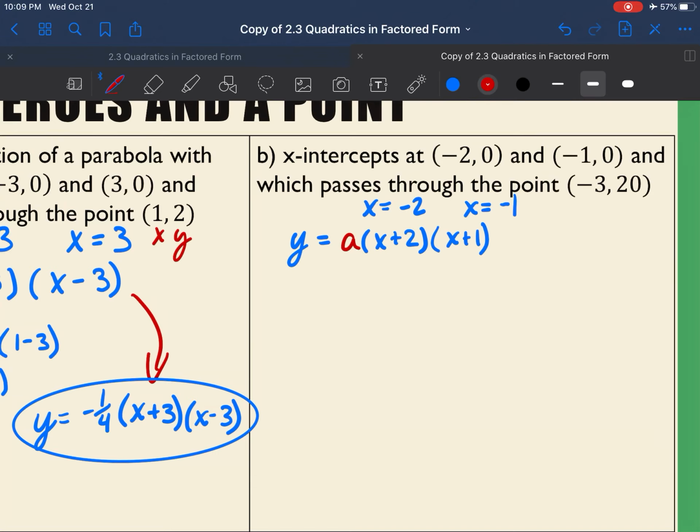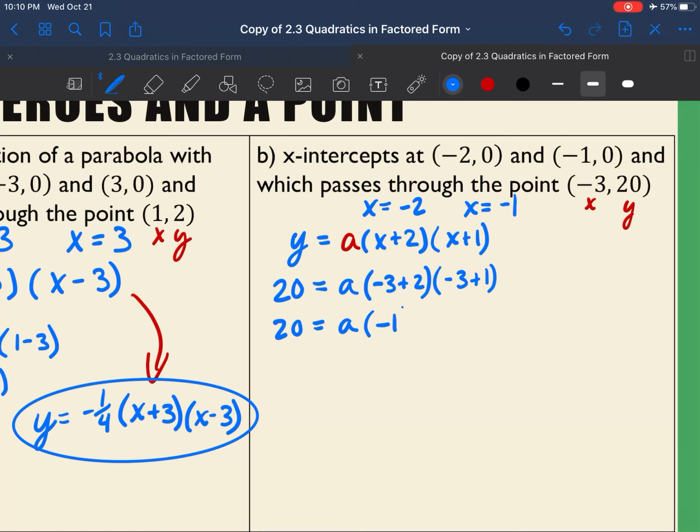So then I will use the other point that they give you that's on the parabola somewhere, for my x and y. So plug in the 20. We don't know what a is equal to, but we do know x is -3. So I will plug that in for both x's. And then I'll figure out what that gives me. So let's simplify this as much as we can. -3 plus 2 is -1.